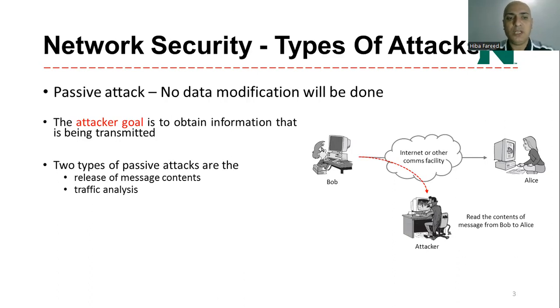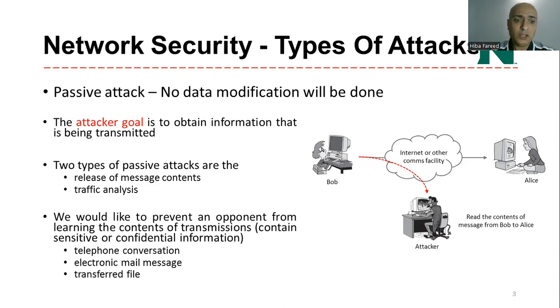He will use that traffic analysis to keep the channel between them busy as much as he can, or do some harmful things that he planned to do in the future. We already have some examples of this from our normal life, like telephone conversations, electronic mail messages, and data transferred from one point to another.